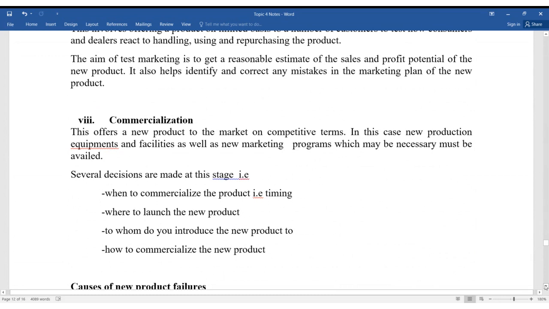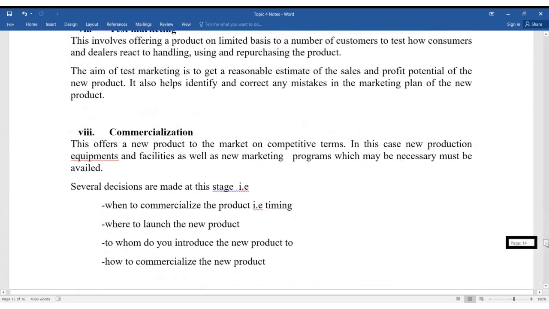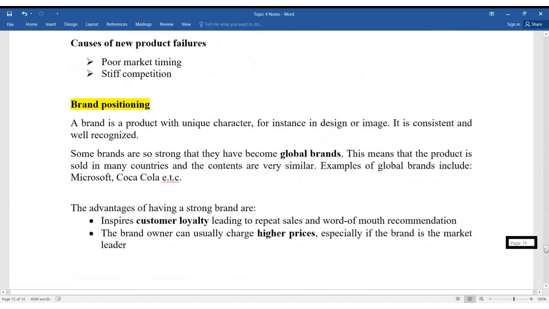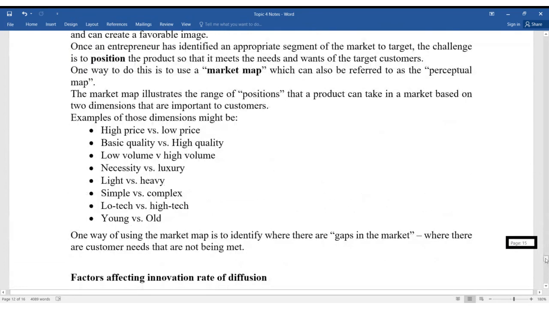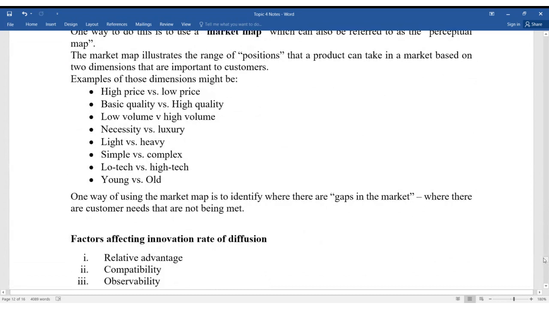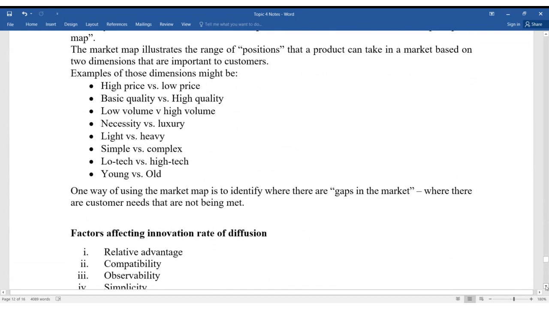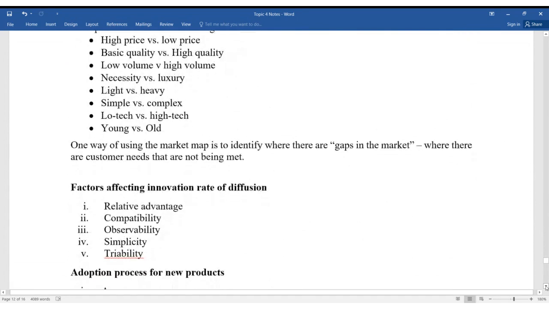Then also, I want you to look at brand positioning. Read through it so that you are updated. Then look at factors affecting innovation rate of adoption. I believe you'll find them there.